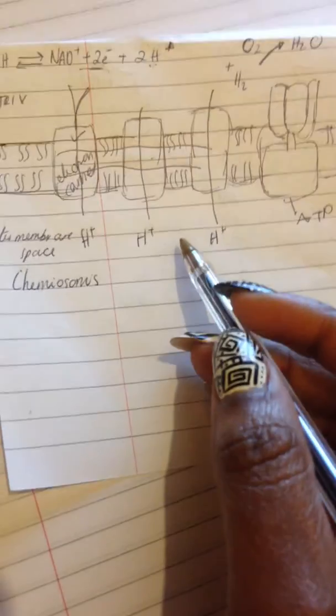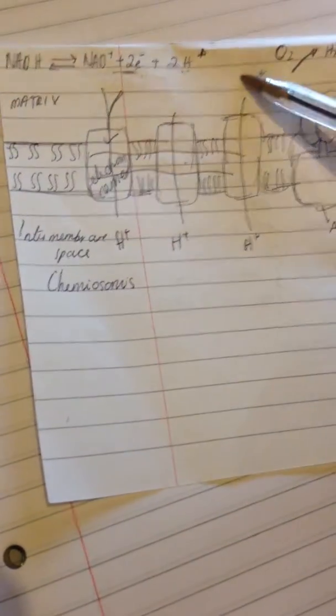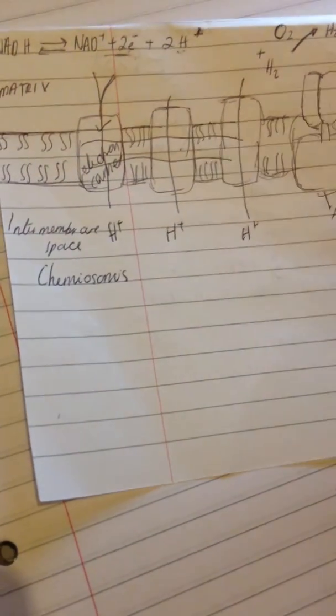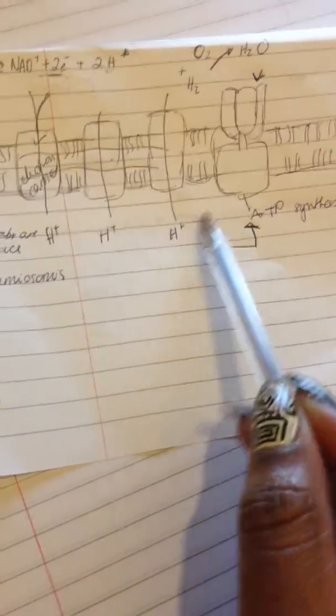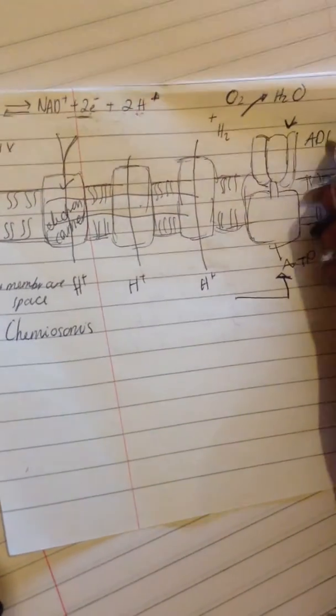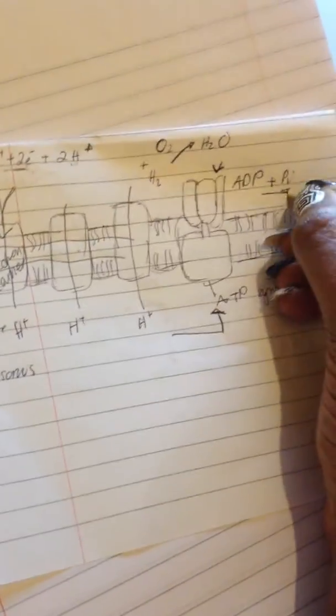Now, as this happens, because these are being pumped into the intermembrane space, they then flow into what we call an ATP synthase enzyme, and this is the key to us making loads of ATP, because they flow in, and the energy that these hydrogen ions have drives the rotation of this ATP synthase enzyme, and as it rotates, it joins ADP, adenosine diphosphate, to an inorganic phosphate group to give us ATP, what we've been looking to do this whole time.